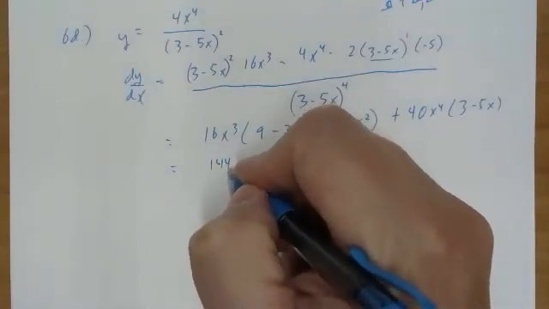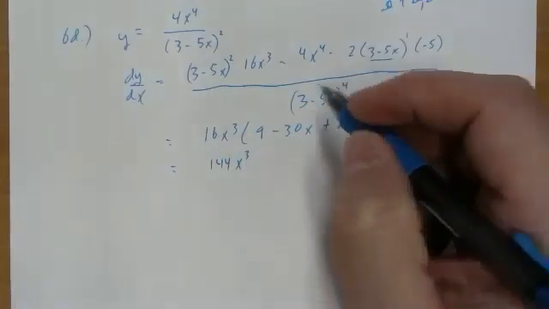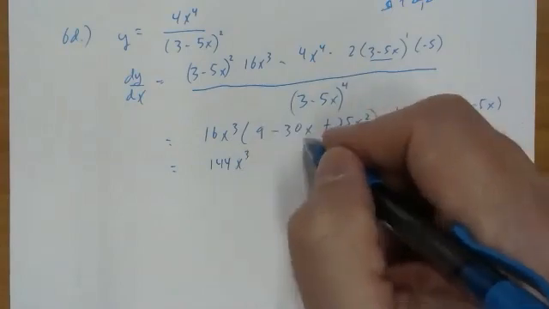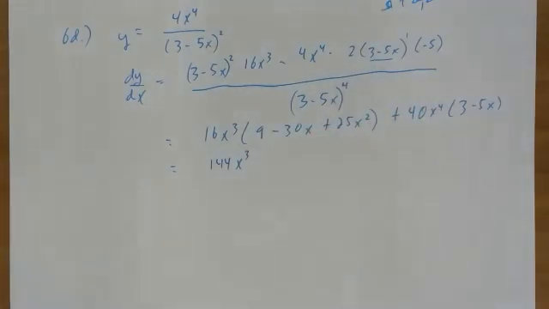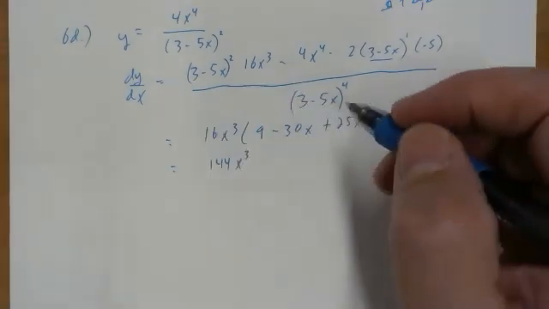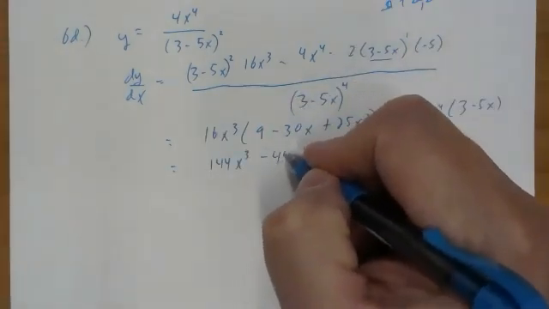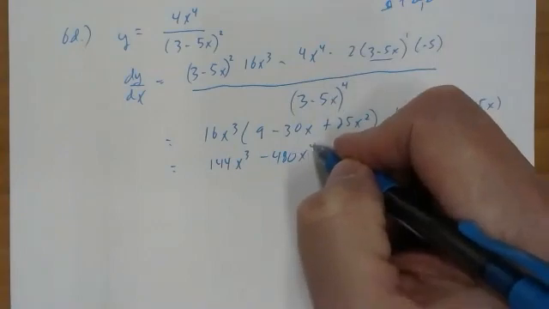I think it's 144x cubed. 16x cubed times minus. So 16 times minus 30, minus 480x to the fourth.